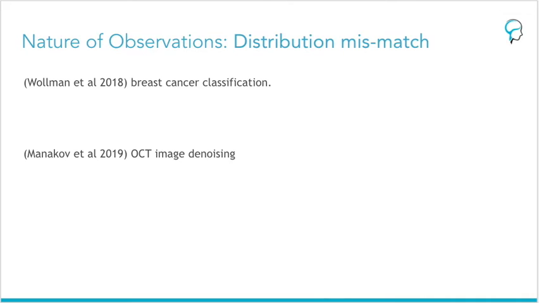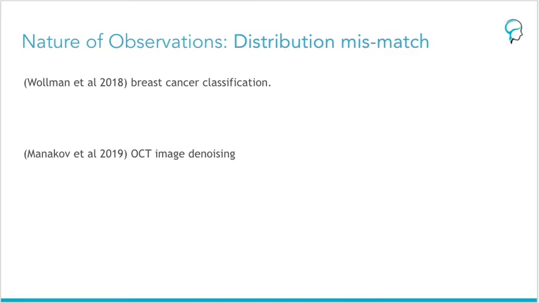The other paper that I would like to share with you is Manakov et al. 2019, which uses this CycleGAN approach for denoising of OCT images. So the domain shift here is the domain with a high amount of noise versus the domain with a low amount of noise.